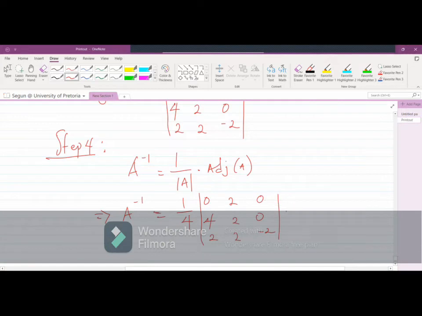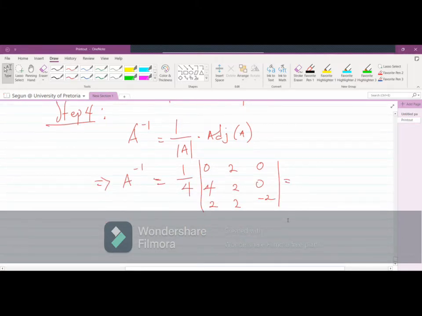So that is where we are going. So let's multiply it. That is, you multiply each entry by 1 over 4. That is the simple meaning.